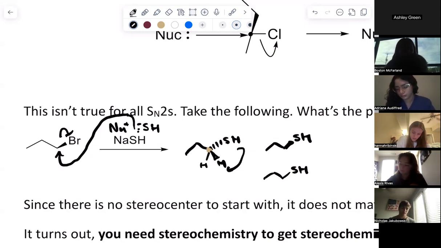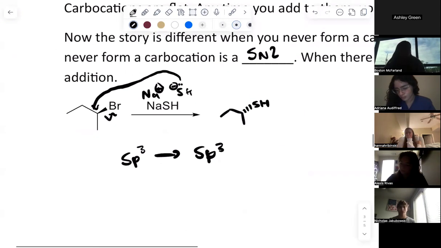So this one, it doesn't matter that I inverted the stereochemistry because there's no stereochemistry to invert. This was not a chiral center. Yes, it's sp3. Yes, I did the inversion of stereochemistry, but it does not matter. This is not a stereocenter. Compare that to this.